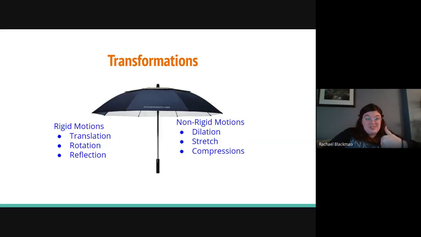They're not changing the size or the shape of my figure. They're just moving things around. Our non-rigid motions, we talked about in our last video: dilations, stretches, and compressions. Those are things that are actually going to change the size or shape. Dilation is going to change the size. Stretches and compressions are going to change the shape. So we can classify these transformations as 2 different types.